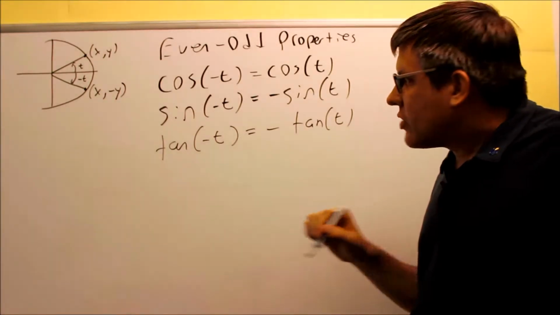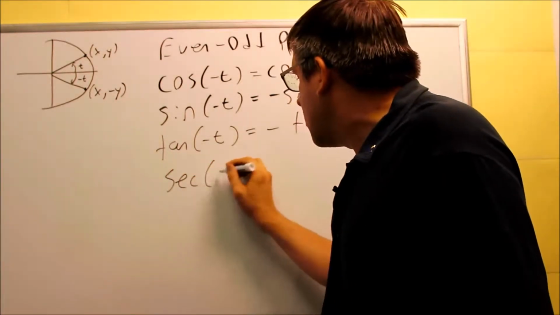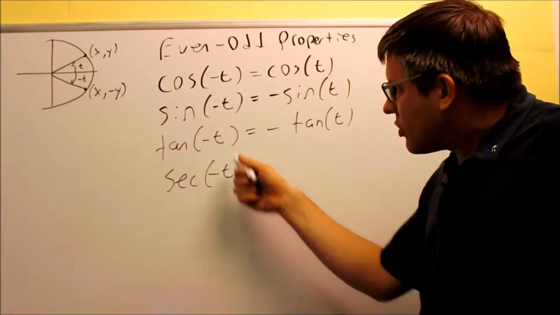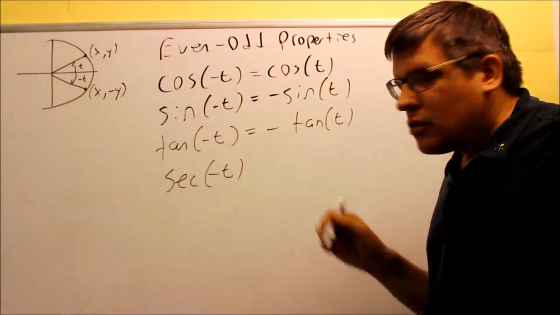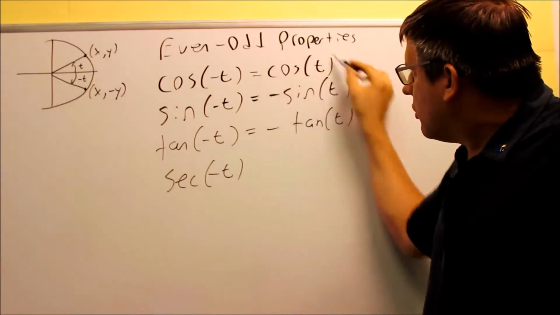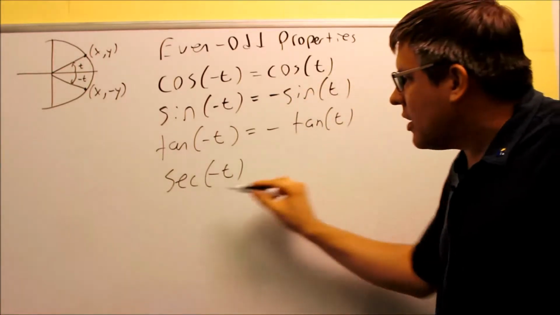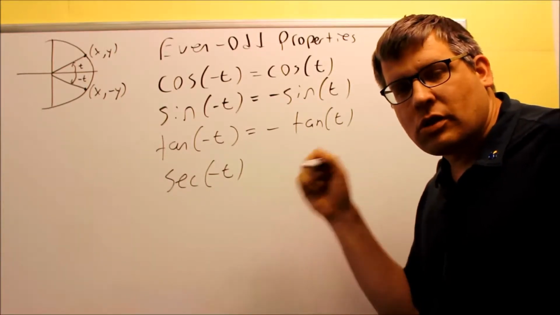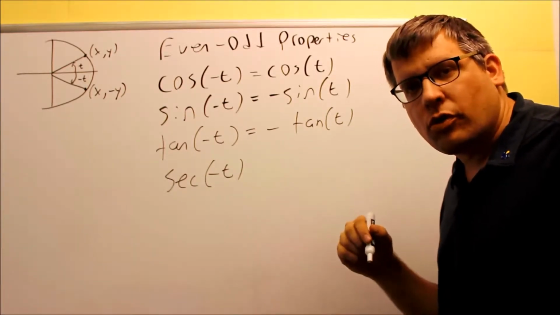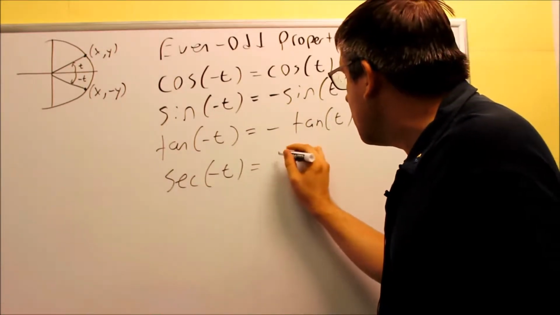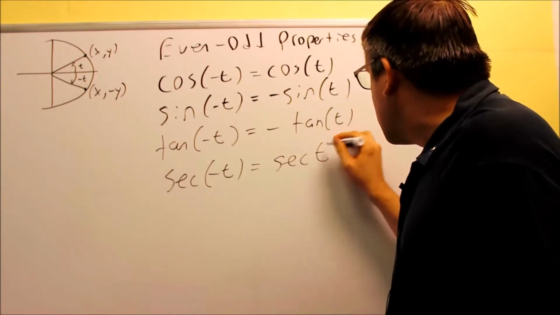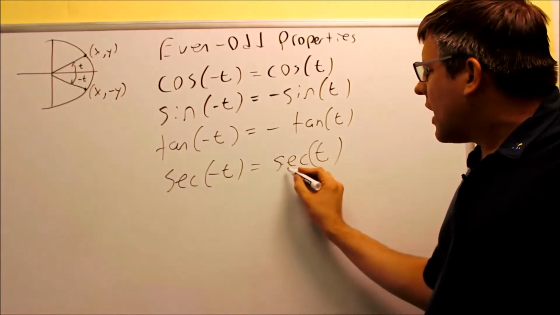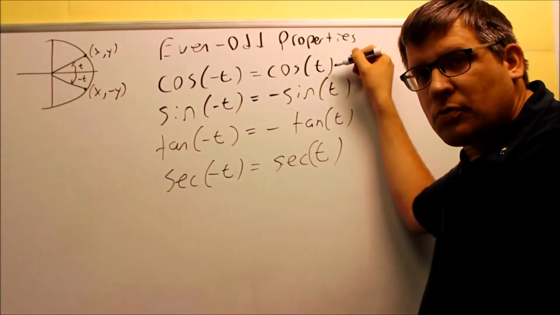We're going to continue on. Let's take a look at our reciprocal functions. I have secant of negative t. Now secant is the reciprocal of cosine. Because cosine doesn't have a negative sign in it, the secant will not have a negative sign either, because secant and cosine are reciprocals of each other. So this would be equal to secant t. Secant is positive because cosine is positive.